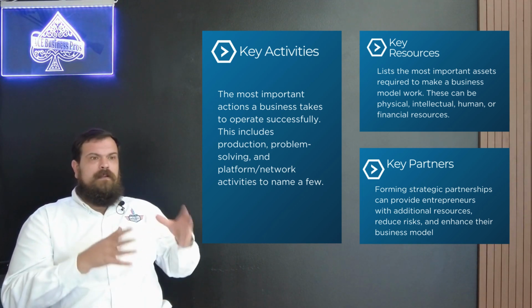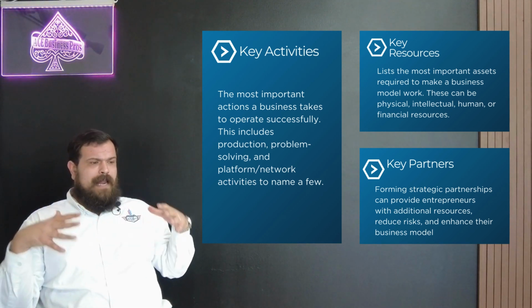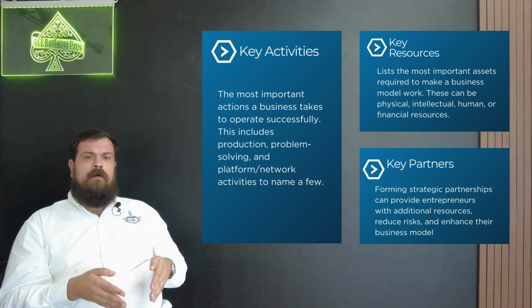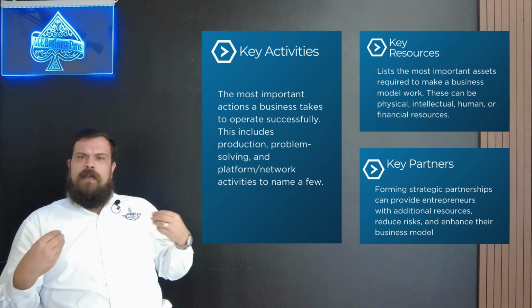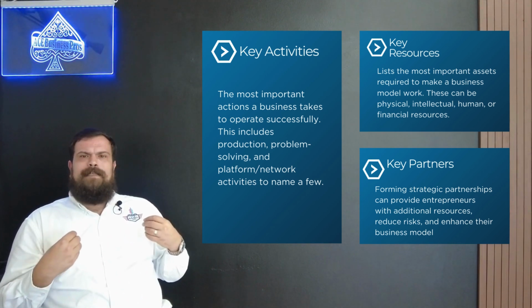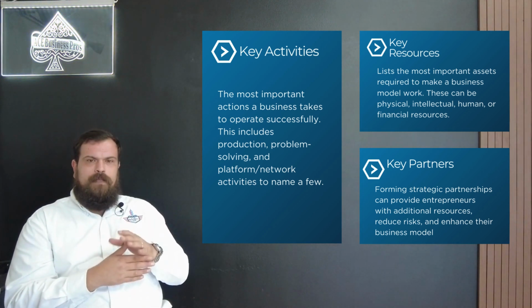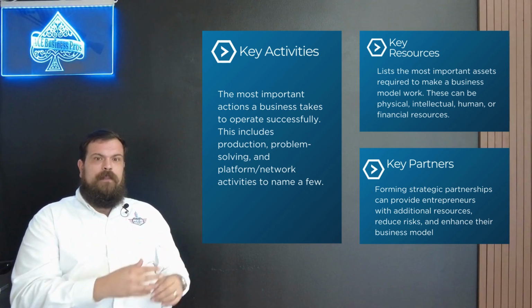Once I've kind of figured that out, I'm going to determine what key resources I have right now, what I've got at my disposal, what I actually have here and now to be able to do this. I need to think about what I've got, what I'm capable of, what I can do with my time and my talents to be able to execute and complete what it is that the customers need to solve their problem.